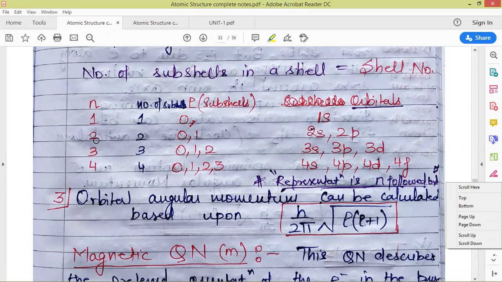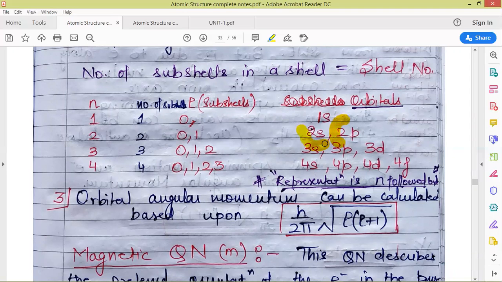Similarly, for n as 2, values of L will be 0 to n minus 1, means 0 to 2 minus 1. That means 0 and 1. For 0 we have written S, so possible subshells are 2s, with 2 as the principal quantum number followed by L, and for 1, which is represented by P, it is 2p.